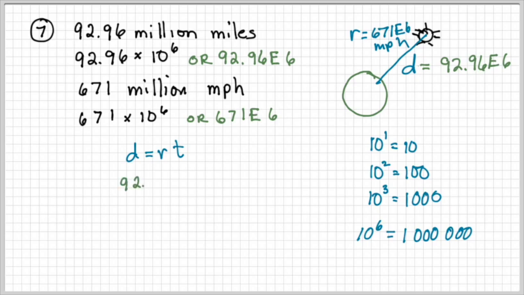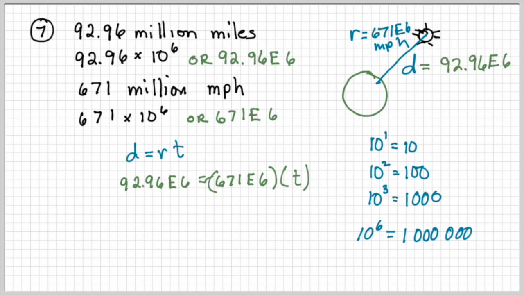So we've got 92.96 times 10 to the 6th equals our rate, 671 times 10 to the 6th, let's just put that in parentheses, times the time.